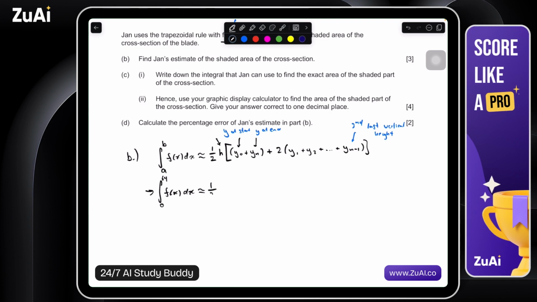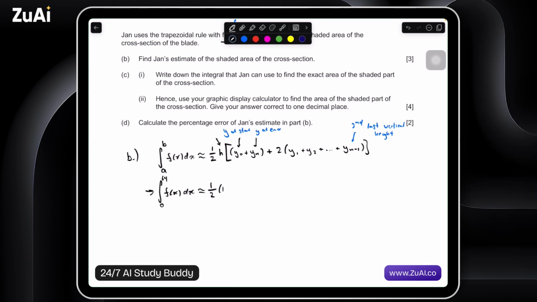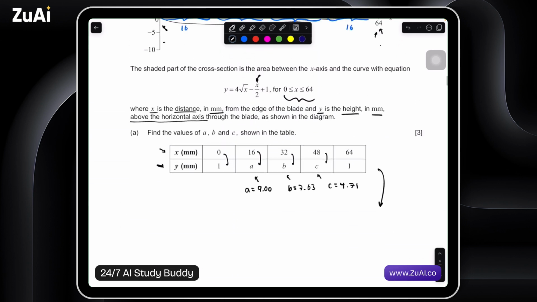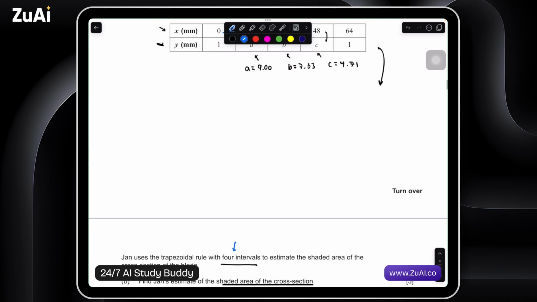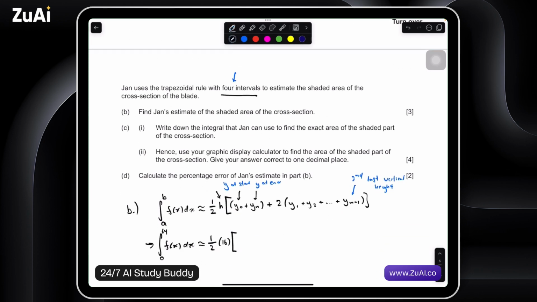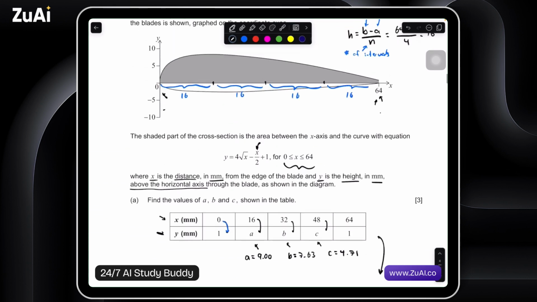So 1/2 h, the size of these intervals, 16, and the y value at the start, so the height right at the very, very start. And when we're at 0, our height is equal to 1. So let's go put that in our formula. 1 plus, and this value right here was the height at the very end, or the y value at the end.